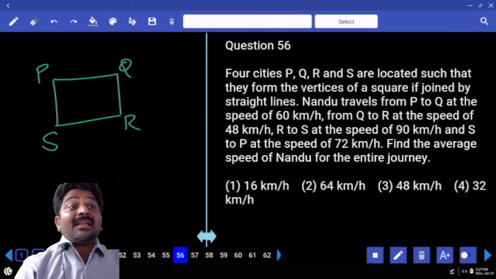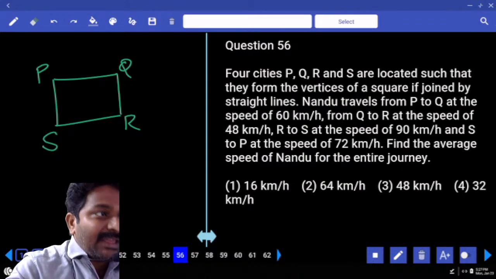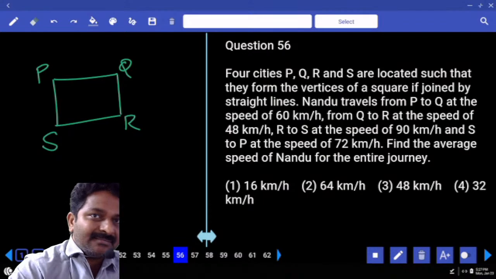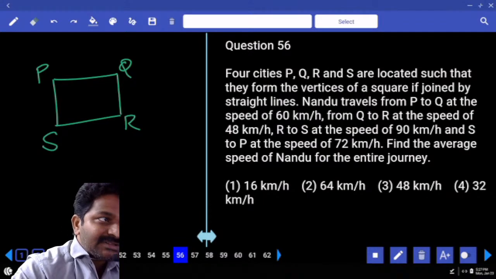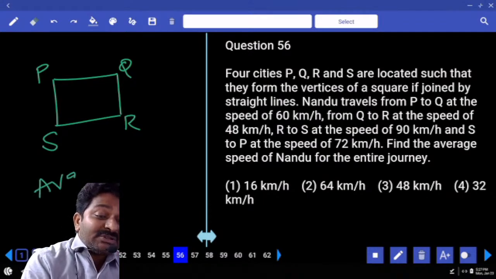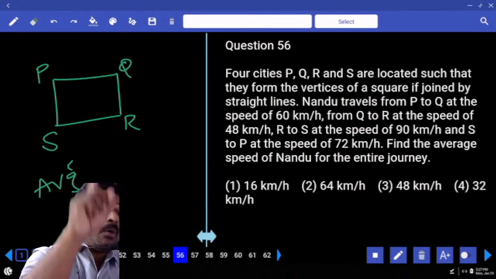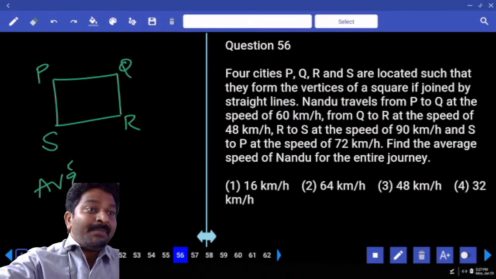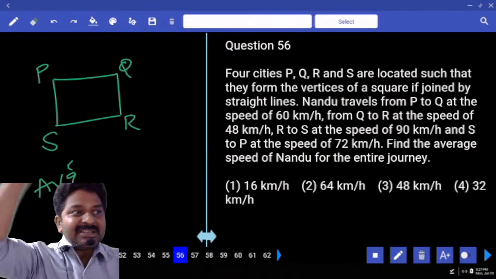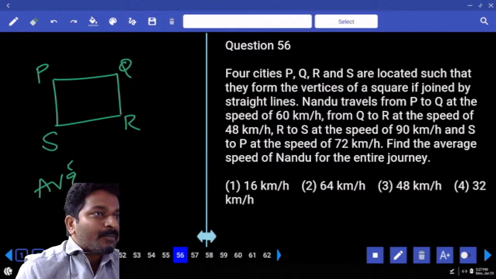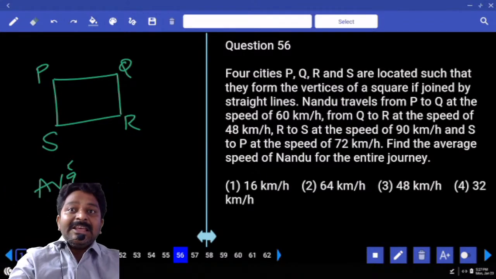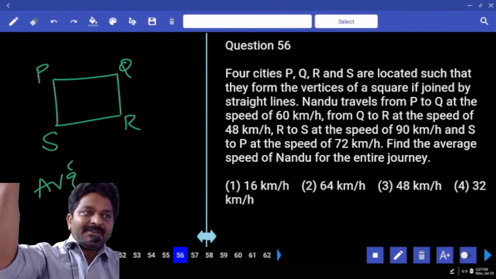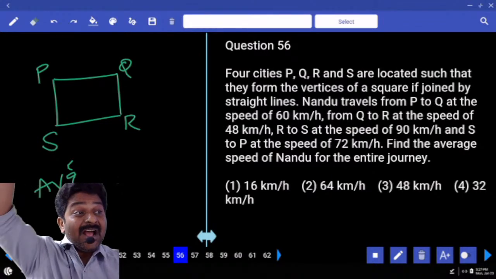When we calculate the average for a set of numbers, the average is going to be more than the smallest number and less than the largest number. Do you know this fact? Average must be more than the least number among the set of numbers and less than the highest number.